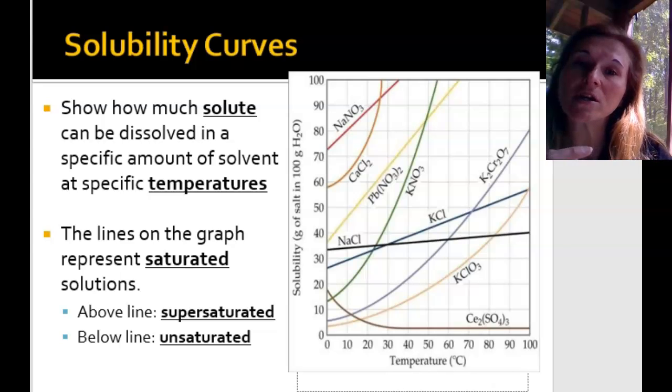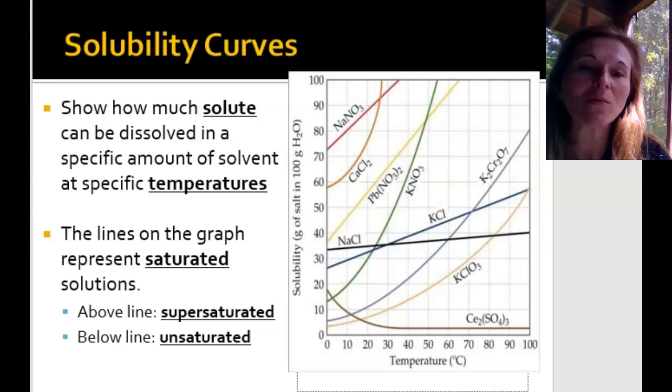So more sugar can get in between those heated water molecules. The water molecules in iced tea are moving more slowly, they're more compact, closer together, so less sugar can fit in between those molecules.